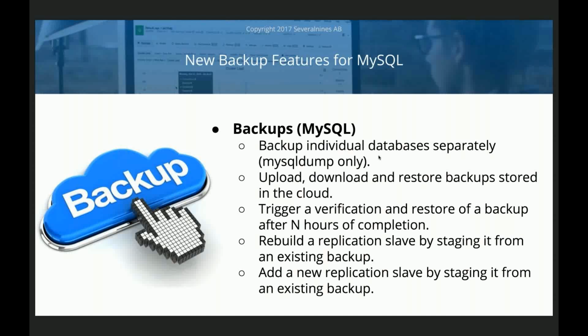Before, when a slave got out of sync or failed, or even if you wanted to add a slave, we needed to stream a backup from the master to the slave, and then set up the slave from that streamed backup. But now you can take an existing backup and rebuild the slave on it. That will alleviate the master from having to do unnecessary work.